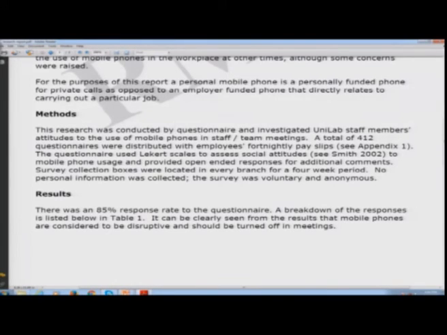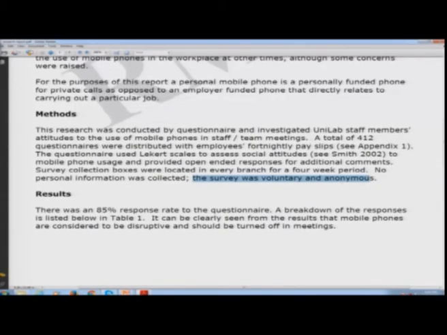So, the researchers designed a questionnaire and the number here is 412. These were given to probably all employees, but the survey was voluntary and anonymous. So, the people were not forced to participate in it.